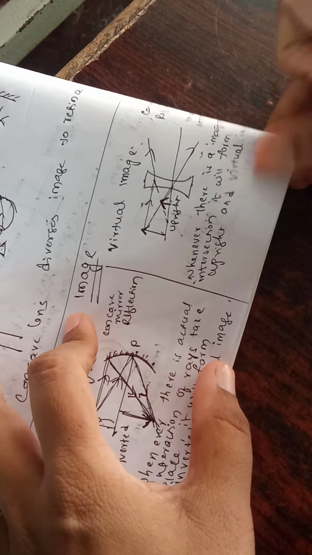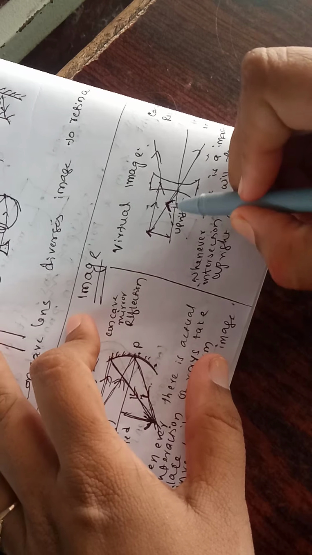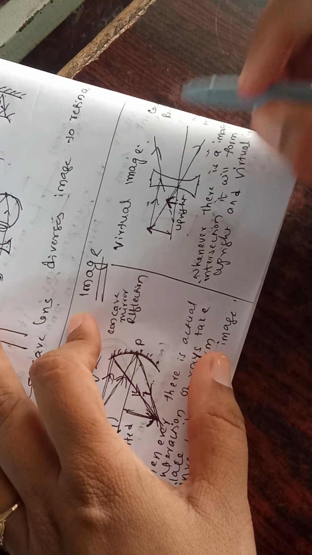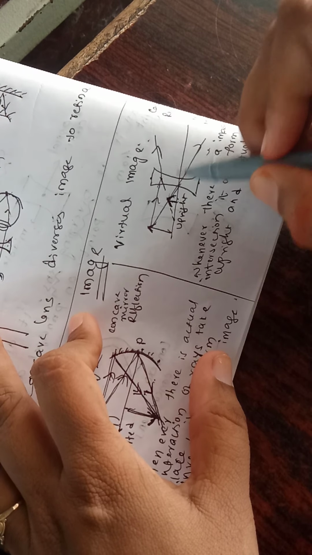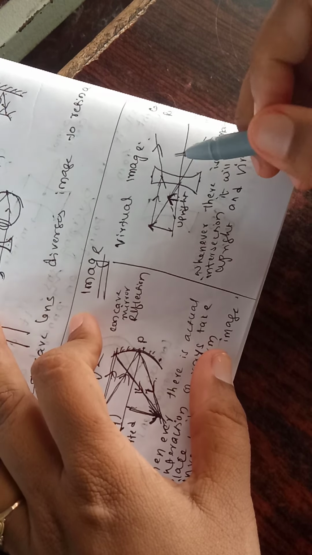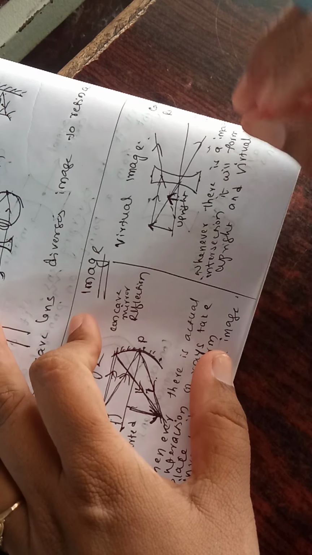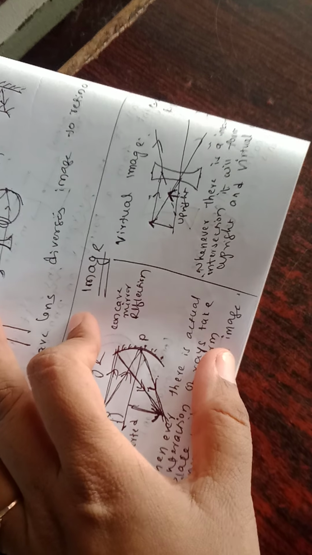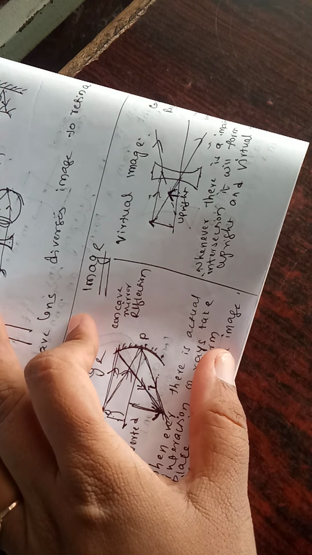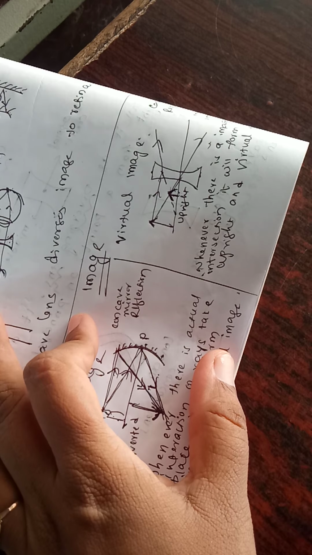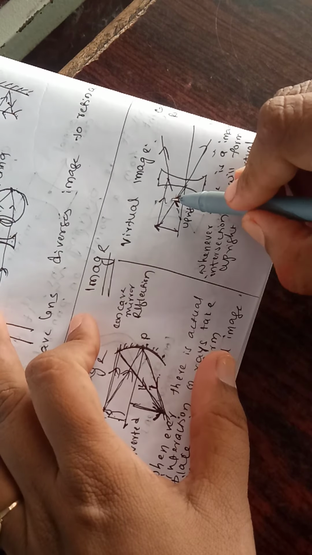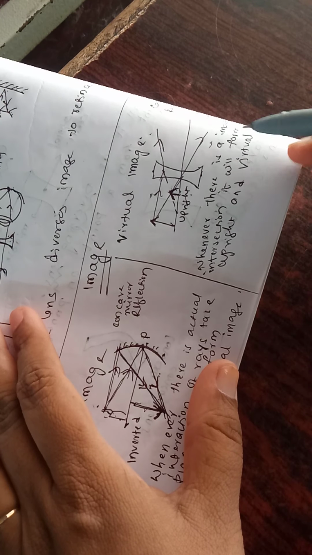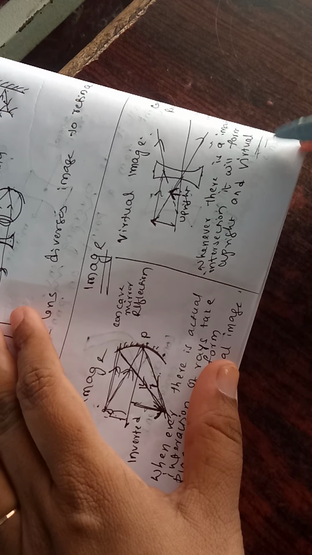So whenever there is an imaginary intersection of light rays, or we can also say when light rays appear to diverge from a point, or an imaginary intersection takes place, and if that image is upright, here inverted we got, here upright, then we call that a virtual image is formed.